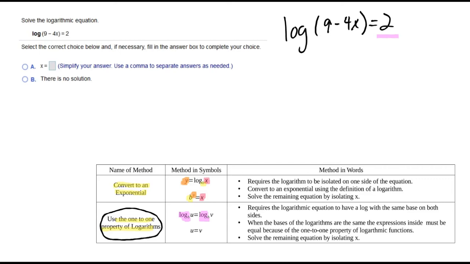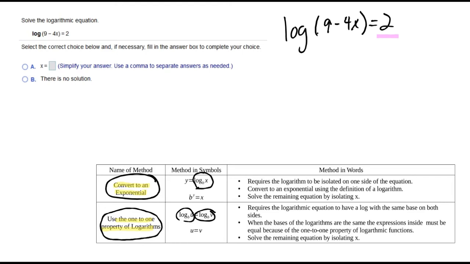So I'm going to go with converting to an exponential for this example. You can think about these two methods as having log only on one side and having log on both sides as a way to tell which method to use. So on this one, we're converting to an exponential.